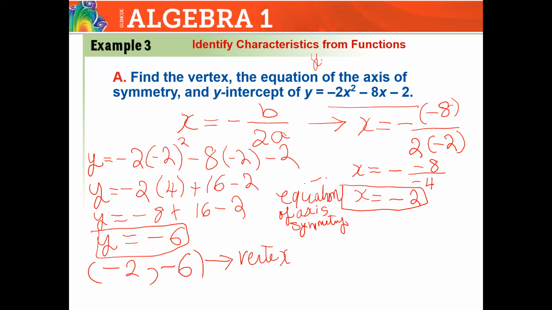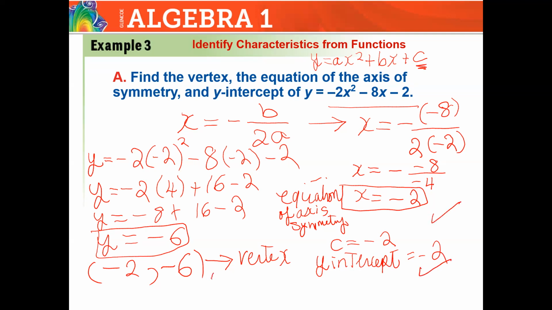I have told you that the form of the quadratic equation is ax squared plus bx plus c. That is the original form. So c is equal to -2, and at the same time c is always the y-intercept. So the y-intercept equals -2. So now I got the equation of the axis of symmetry, the y-intercept, and the coordinates of the vertex.